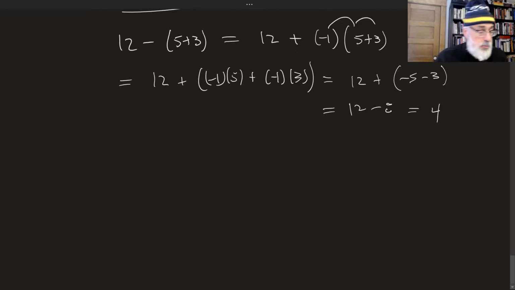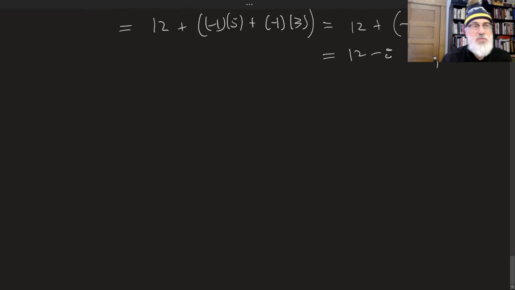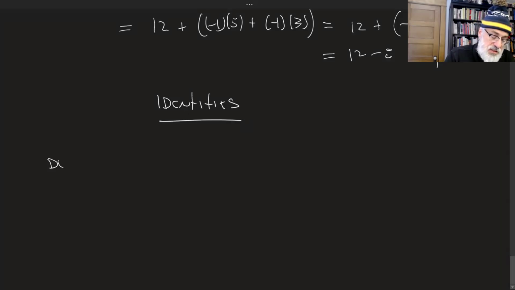All right, so now we are going to talk about a couple identities. And again, these should be familiar. These are sort of a more rigorous way to think about things you already know. So identities, let's say this is a definition. We have something called the additive identity.